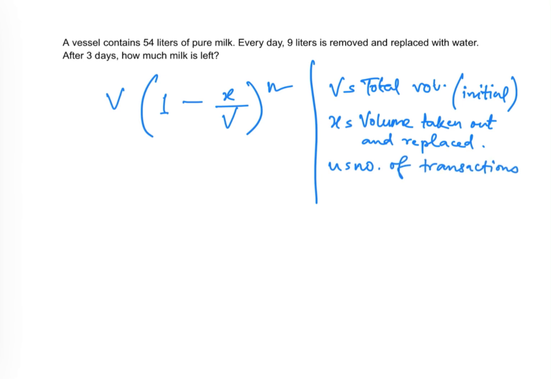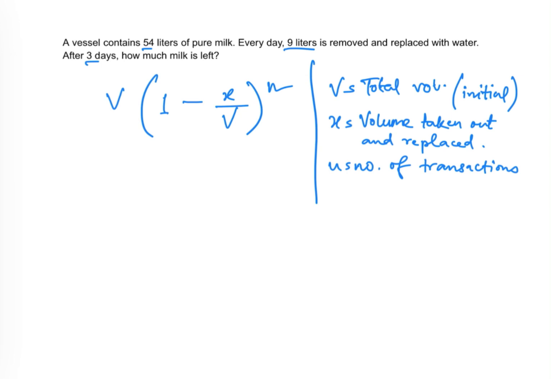So here V is 54, n is 3, and x is 9. We will just put the values here and it will be very easy.